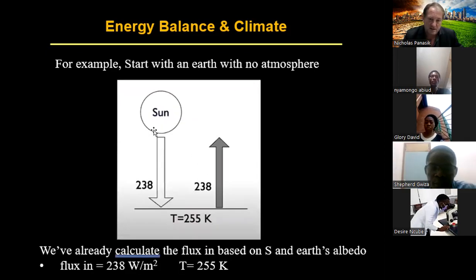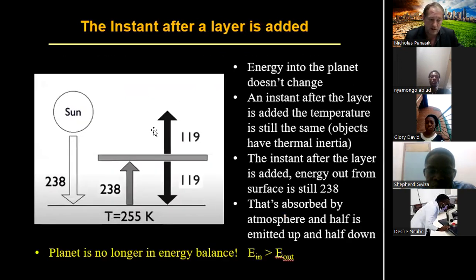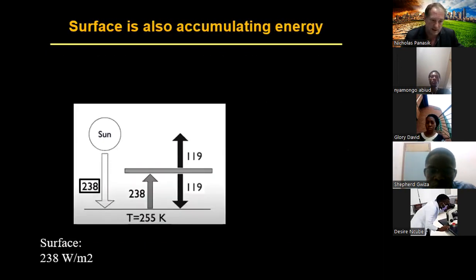So let's just start with an Earth with no atmosphere. Okay. We've already calculated the flux into the Earth at about 238 watts per meter squared. And that was based on our solar constant and the albedo for the Earth, right?